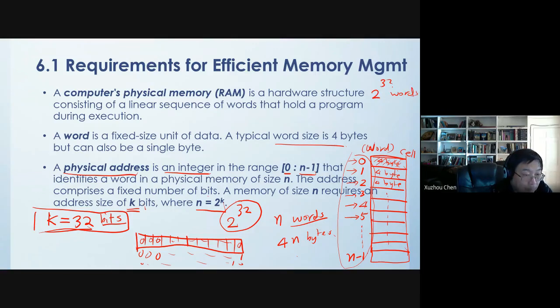Now, if I use 4 bytes for each word, the maximum memory size I can represent is 2 to the 32 times 4 bytes. How big is this?